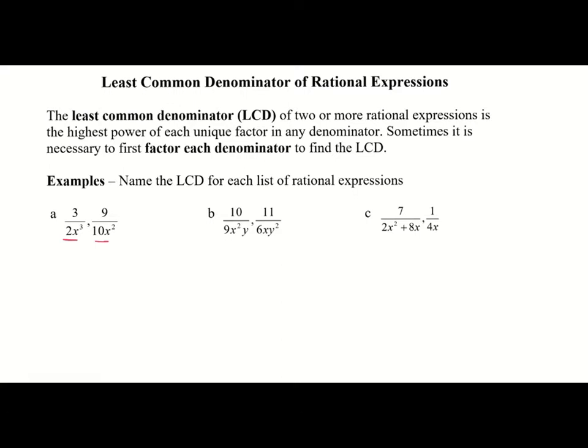And hopefully you said, well, if I skip count by 2's, or look at my multiples of 2: 2, 4, 6, 8, and then 10. And I know 10 would be 10, 20, 30. So my LCD for 2 and 10 is going to be 10, because that's the least common denominator, or the least common multiple for those two.